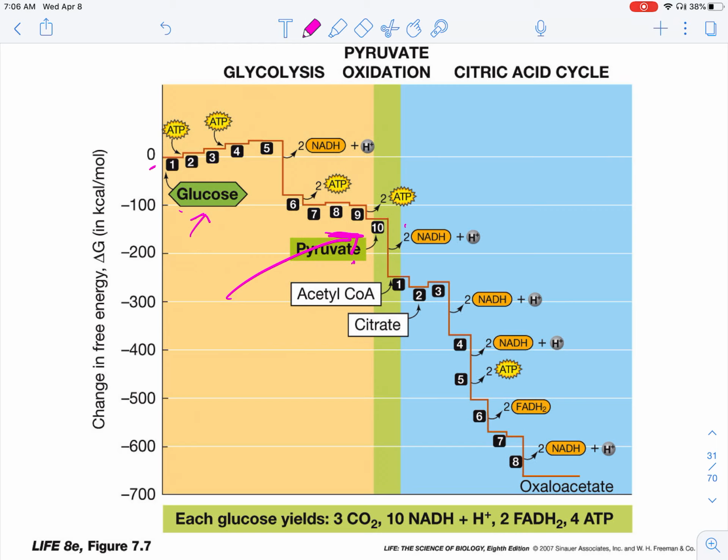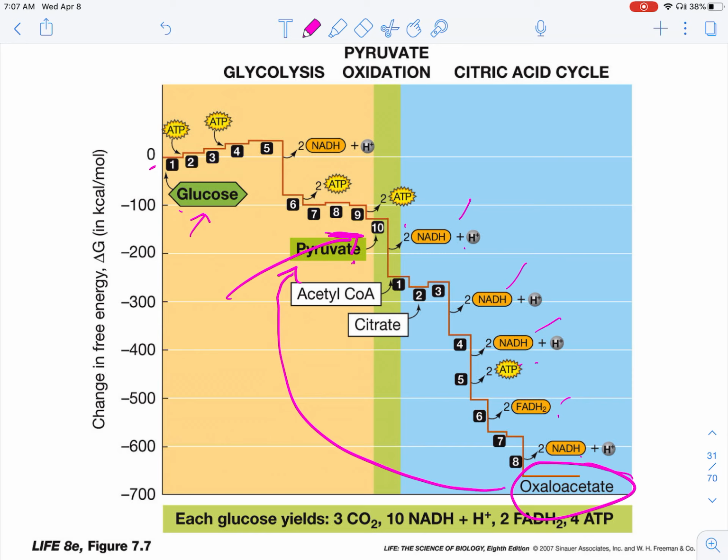And then in the citric acid cycle, we pulled out even more energy. Oxaloacetate is at significantly lower energy than this pyruvate, and we have captured as much as possible in the form of NADH, FADH2, and ATP.